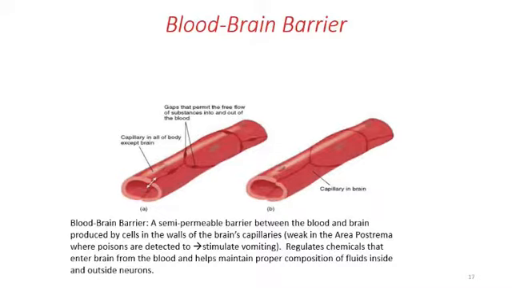The barrier also regulates the chemicals that enter the brain from the blood. It only allows things like oxygen, and I think glucose gets in. Only low molecular weight types of compounds are able to pass through the blood-brain barrier, and it helps maintain the proper composition of the fluids inside and outside neurons.